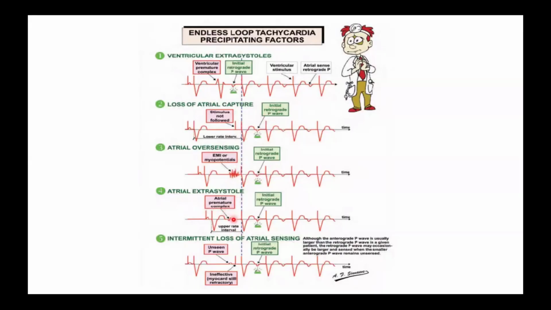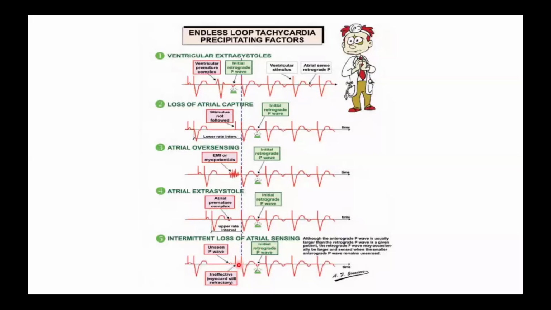Also, an atrial extrasystole at the upper rate interval may be conducted at a long AV interval and followed by P wave. Also, if there is intermittent loss of atrial sensing, as in the previous example, if there is no conduction, the atrial pacing spike is delivered after an unseen P wave.